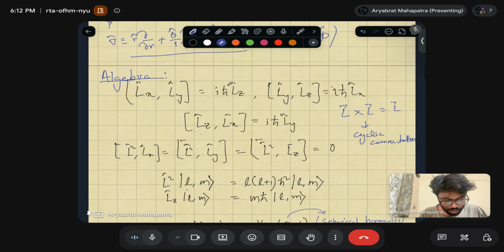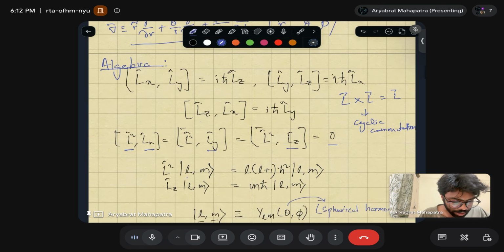But if you do the commutation of L square with Lx, or any of the other angular momentum components like Ly or Lz with L square, you get zero. This means that if certain operators commute with each other, they can be simultaneously measured with arbitrary accuracy, and they must share a common eigenstate.